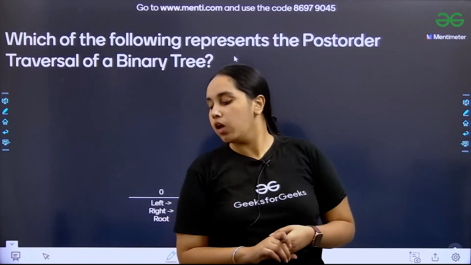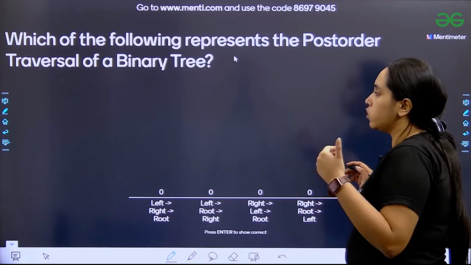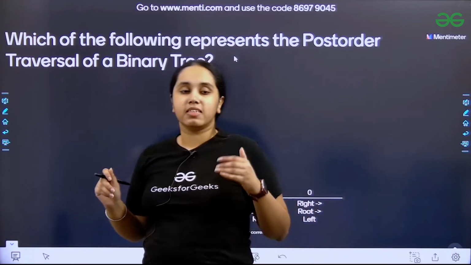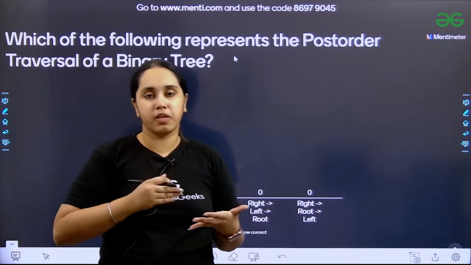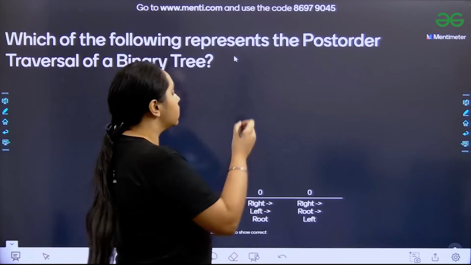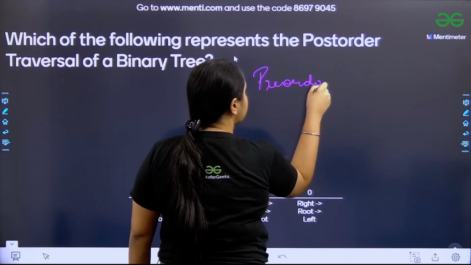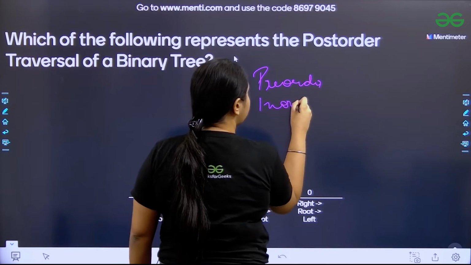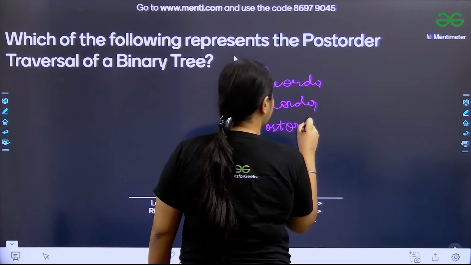Next question. Which of the following represents the post order traversal of a binary tree? Now basically we are only asked for the post order traversal, but I would tell you the pre-order and in-order as well. So let's start. Pre-order, in-order, and post order.